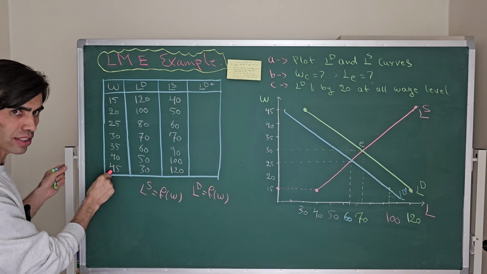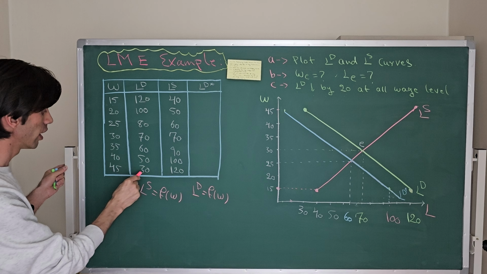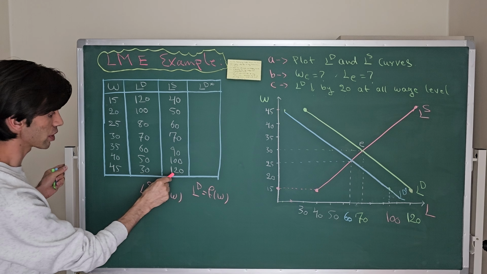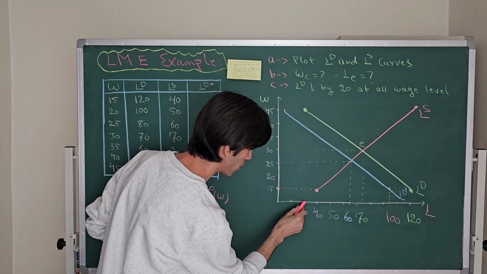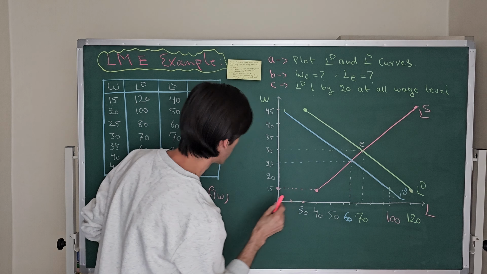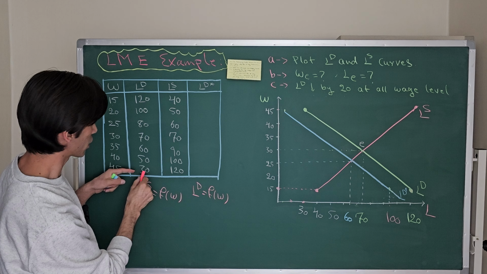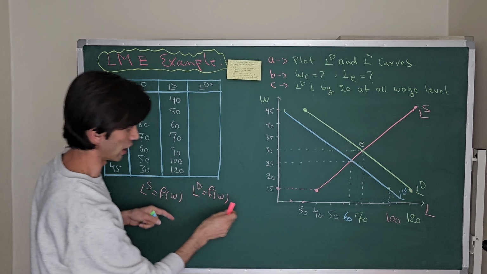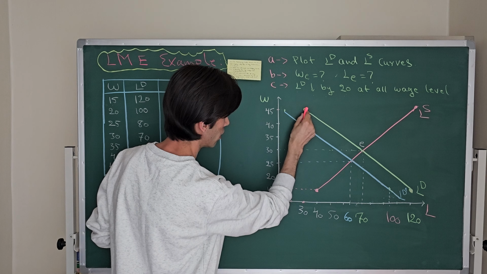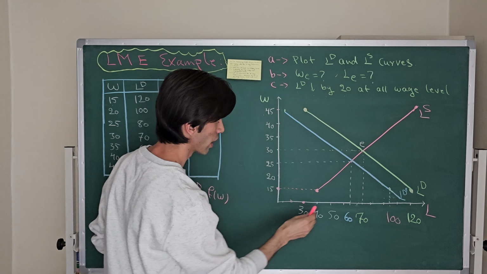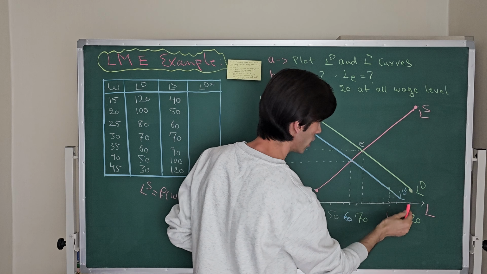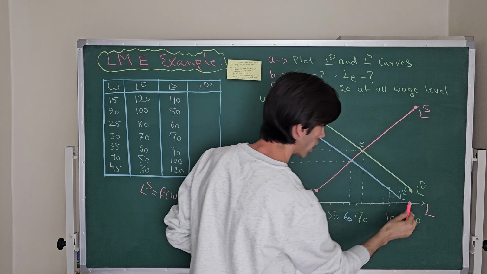When the wage rate is at the highest level, 45, labor demand is 30, but labor supply is 120. So one point: wage rate is 45, labor demand is 30. Wage level is 45, labor supply is 120.